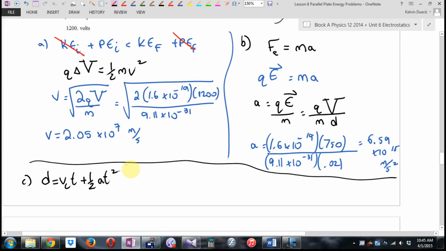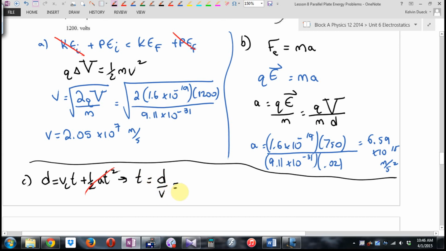Except, what did I say the horizontal acceleration was here? When you're going through the deflecting plates, is there any horizontal force? So what's your acceleration horizontally? Get the t by itself. t is going to be distance divided by velocity.